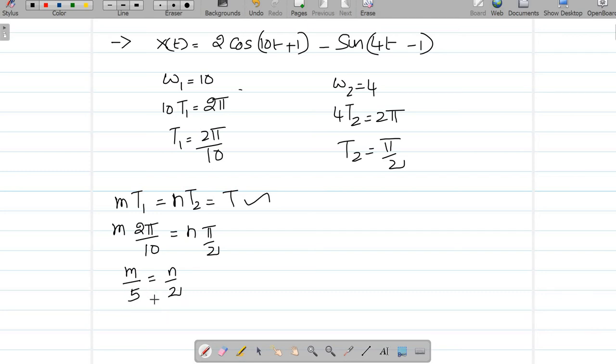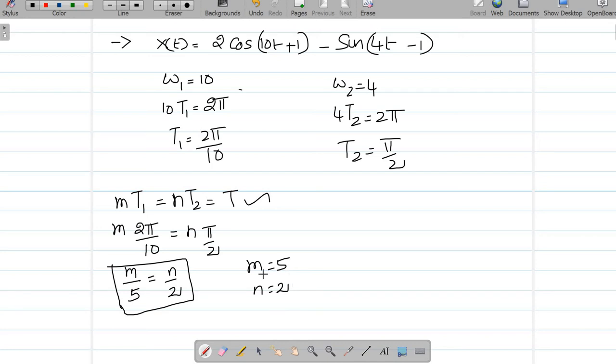Now this equation will be satisfied if and only if m is equal to 5 and n is equal to 2.